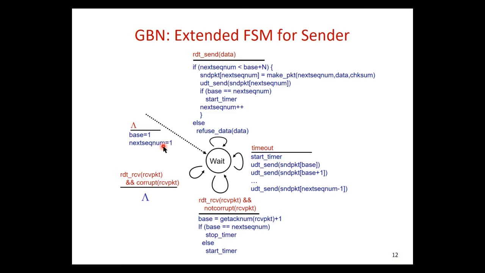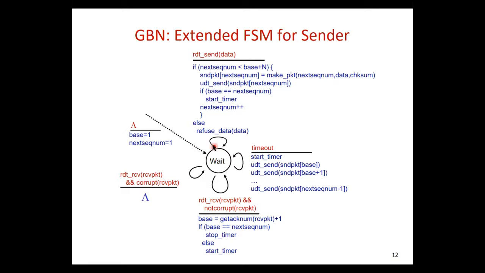It needs to initialize the sending window, which means it needs to initialize 2 variables: one is the send base, and the other is next sequence number. We assume here that we start with sequence number 1. Base 1, next sequence number 1. That is the initialization of the sending window.